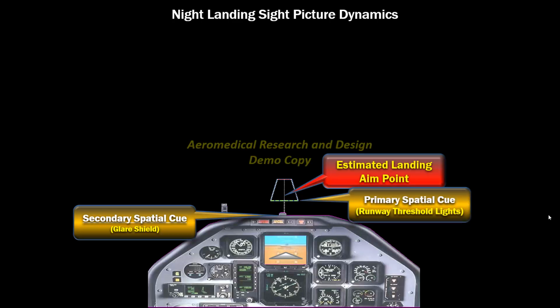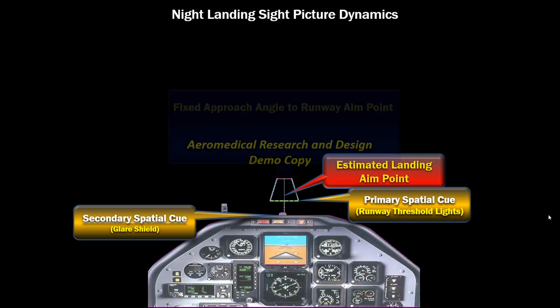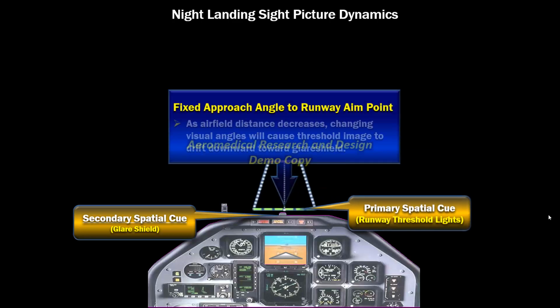Unfortunately, with a normal 3-degree approach, this spatial strategy can be problematic because, unlike a real horizon that moves backward in space as an aircraft moves forward, the runway threshold is a fixed ground point that during a normal approach will appear in a pilot's sight picture below the runway aim point. Consequently, as the distance to the airfield decreases, the changing visual angle will cause the threshold image to slowly drift downward toward the glare shield.